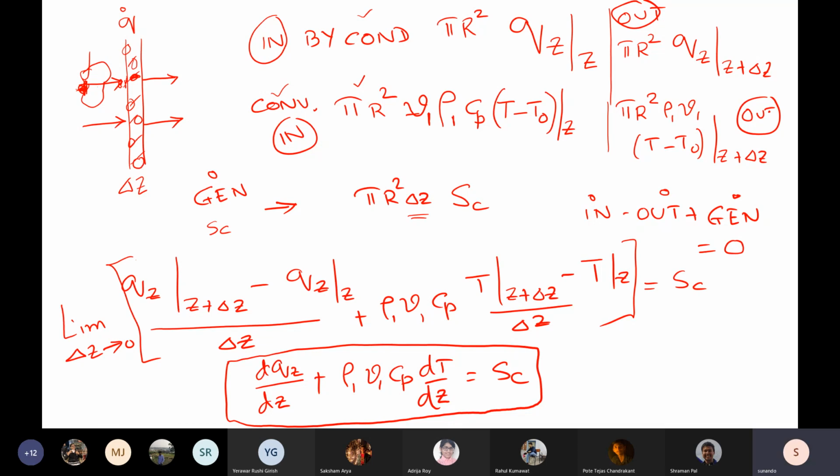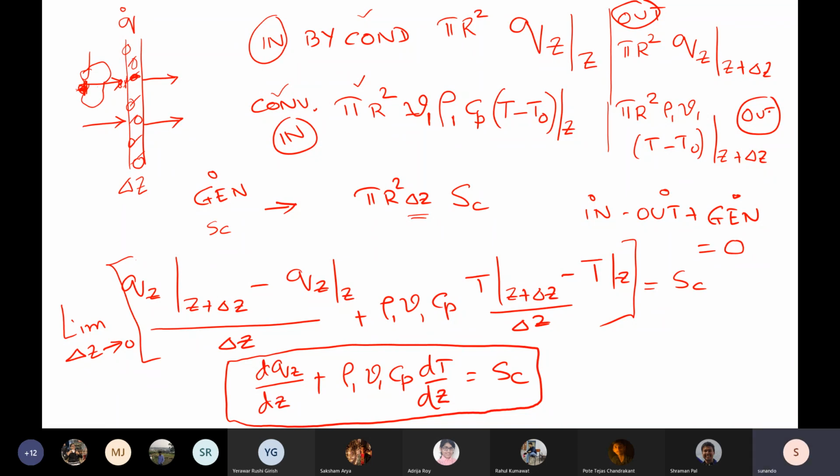To our defense, what we are going to say is that we have to do this because we are treating everything as continuum. Unless the system is within the continuum limit, all these equations are going to be meaningless.